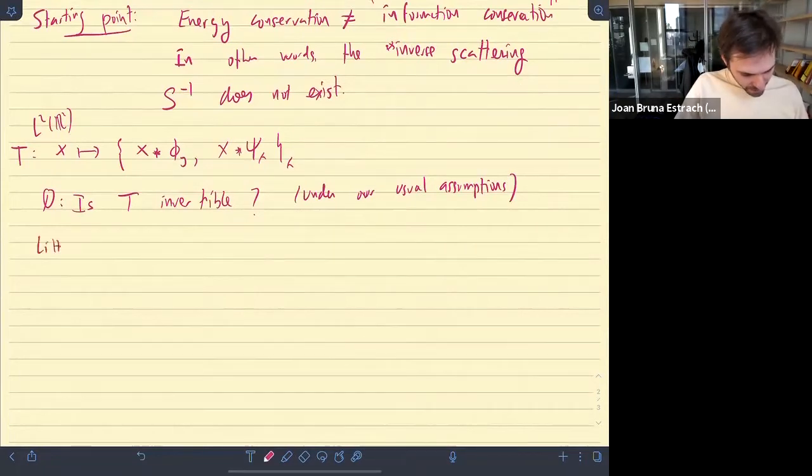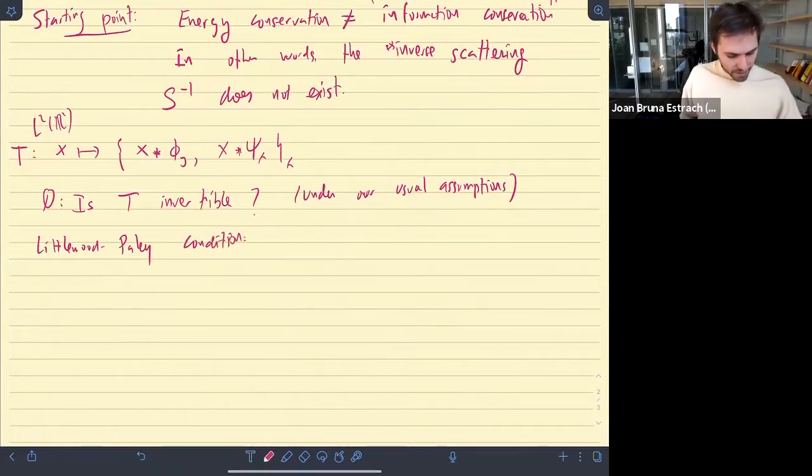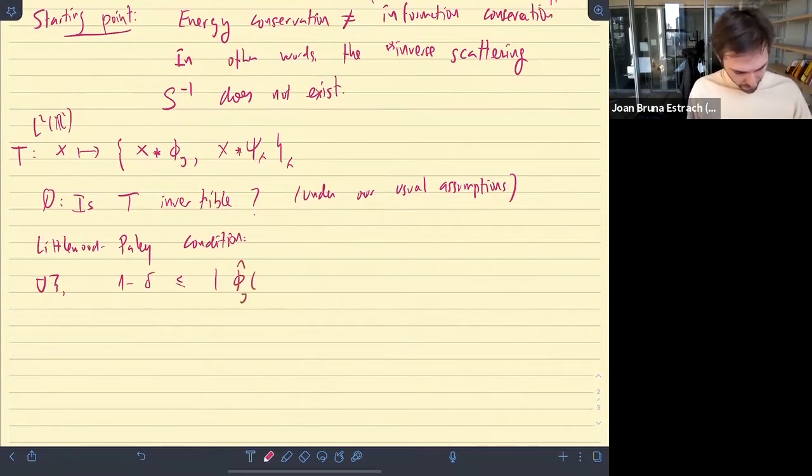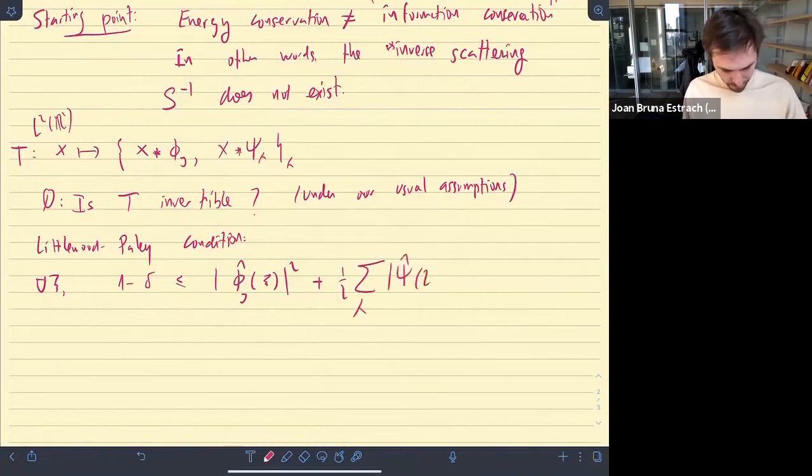Remember that we are manipulating this Littlewood-Paley condition, which tells us that for all frequencies we have the following inequality.